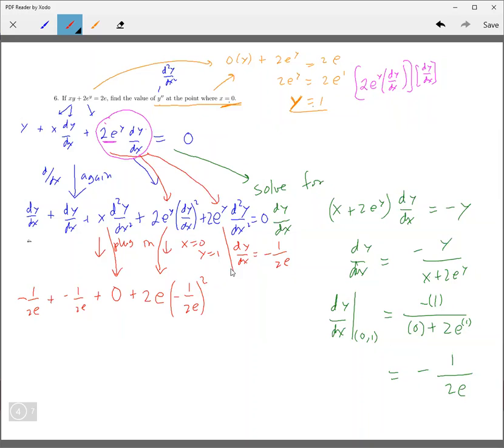And then this piece right here, y is 1 again, so that's 2e. And then the second derivative, I should have used this different notation, because they kind of wrote it that way. So this also represents the second derivative. It's the same as this. So this becomes negative 1 over e. Those two combine.